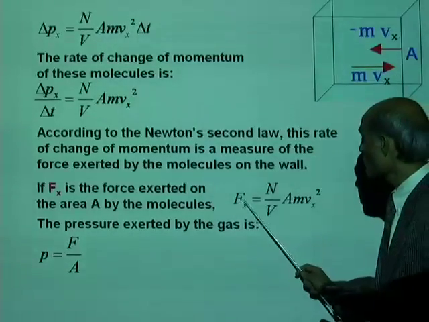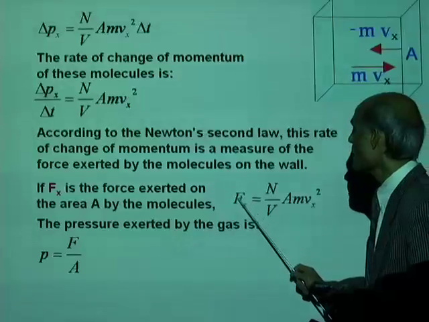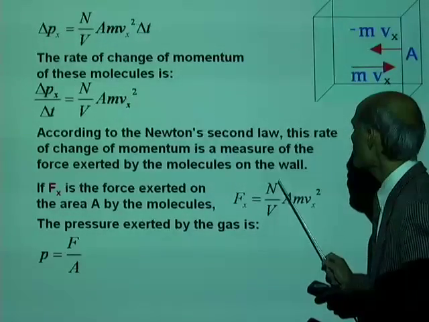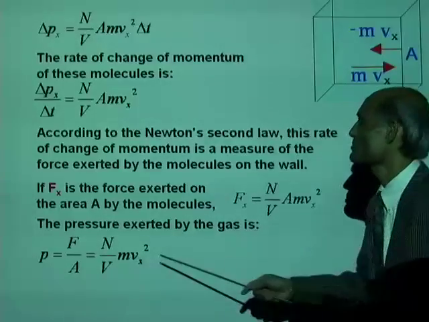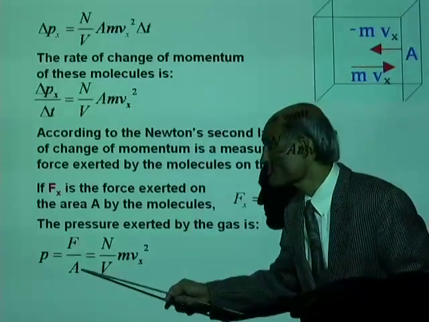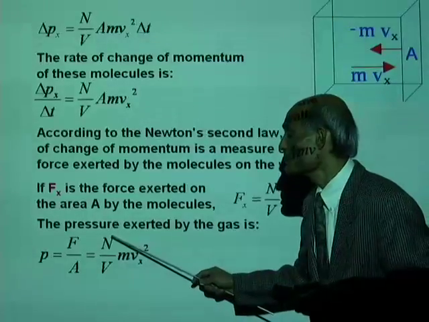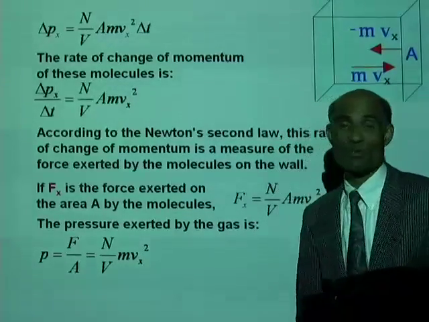So let's divide both sides of this equation by A. You get Fx divided by A will be N over V m Vx squared. So pressure is force divided by A, equal to N over V m Vx squared.